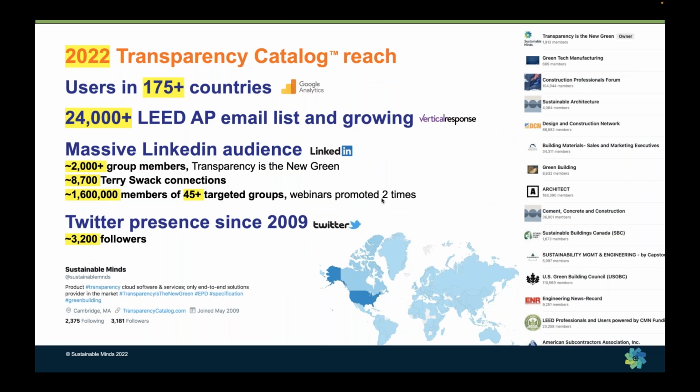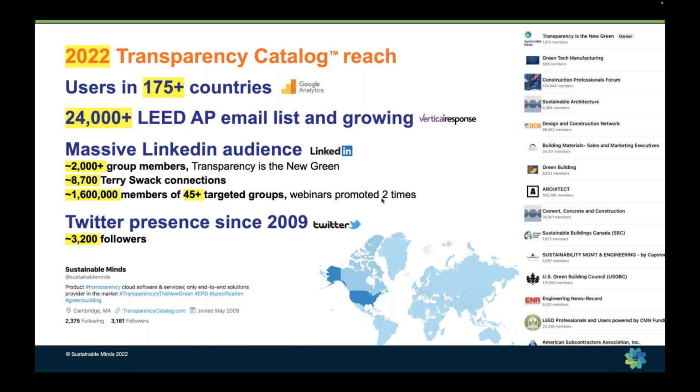We've built up a considerable reach. I mean, the Sustainable Minds brand has been around since 2007, so we're not a new brand. And so over the years of delivering products and webinars and content, we now have users all over the world.